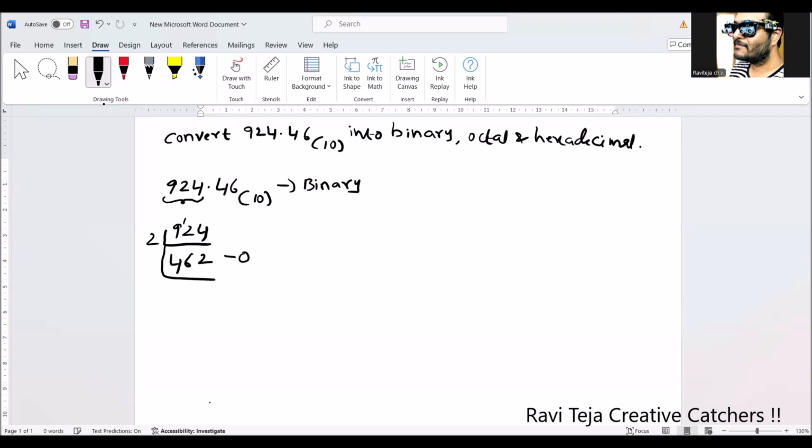We have nothing left, so 0. 2 2s are 4, 2 3s are 6, 2 1s are 2, 0. 2 1s are 2, 2 1s are 2, 3, 2 5s are 10.